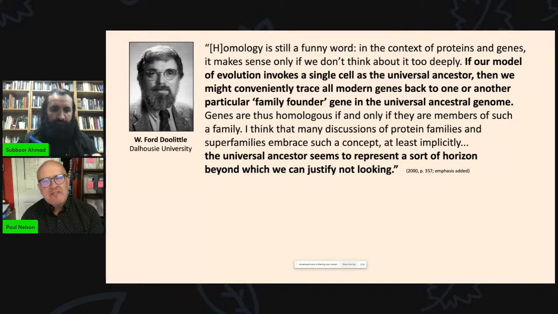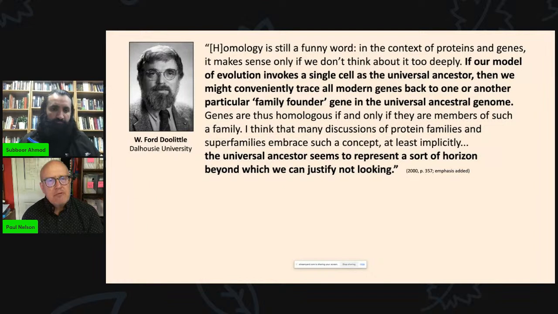He says, in the context of proteins and genes, it makes sense that it's homology only if we don't think about it too deeply. If our model of evolution invokes a single cell as the universal ancestor, then we might conveniently trace all modern genes back to one or another particular family founder gene in the universal ancestral genome.